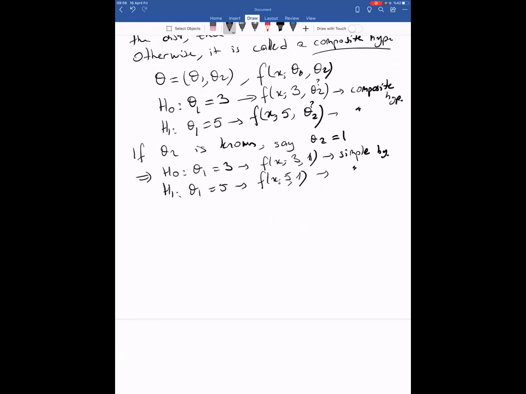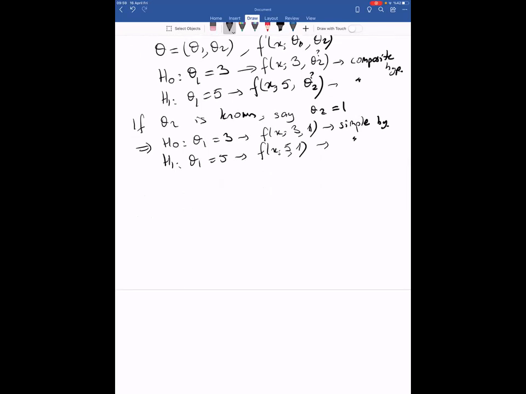Based on the hypothesis, we can decide on the rejection regions. Let's say we have a distribution with just one unknown parameter, and a simple hypothesis, mu equals 5, but the alternative is composite.